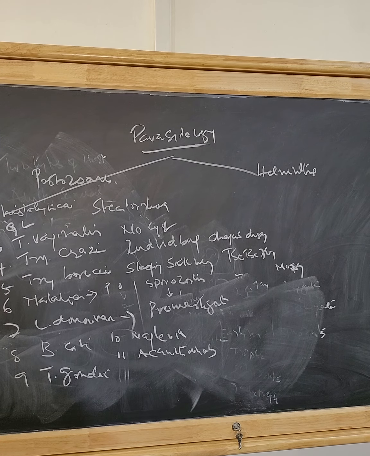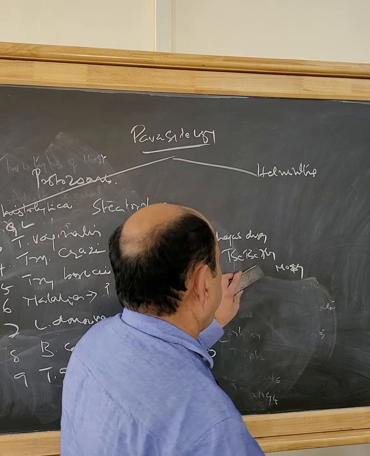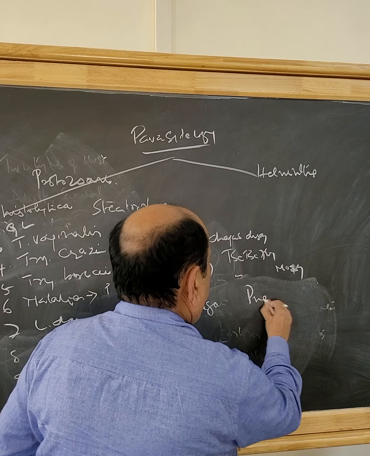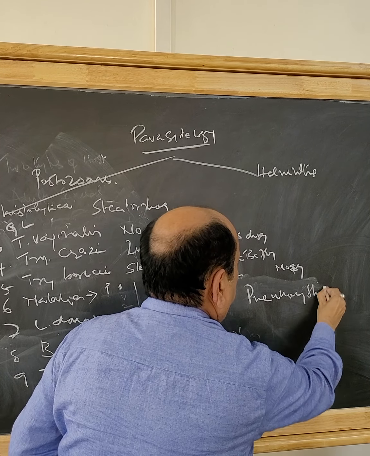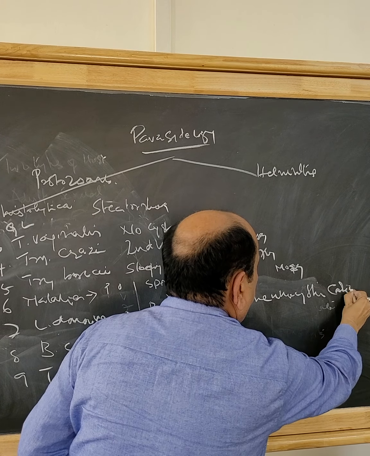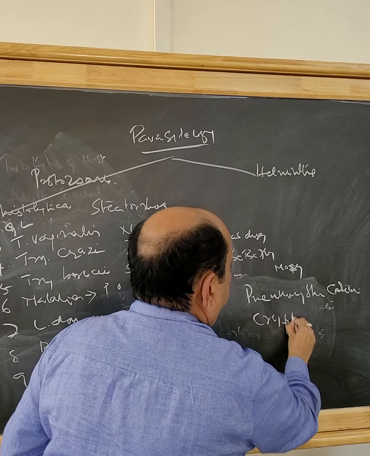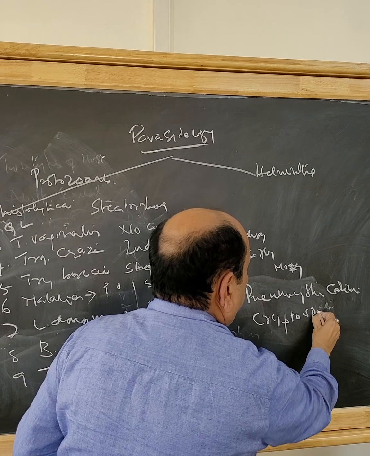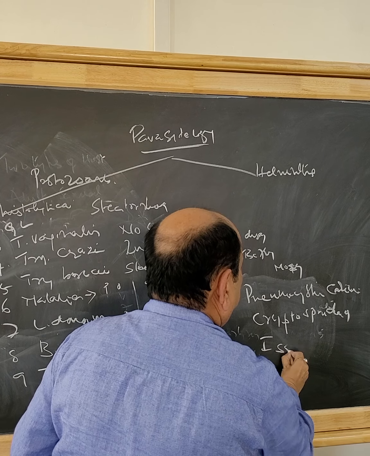Now, opportunistic infections of HIV: Pneumocystis carinii, Cryptosporidium, Isospora belli.